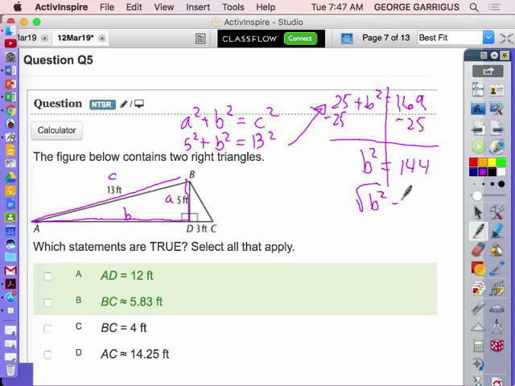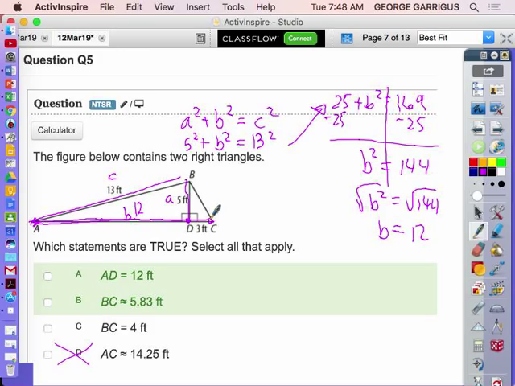The square root of B squared is the square root of 144. So B equals 12. Well, now I know all the way from A to C also, if they ask me that. They do ask me down here at D, and you can see it's 15, so that one's wrong because from A to D is 12, and then from here to here is 3, so that's 15.